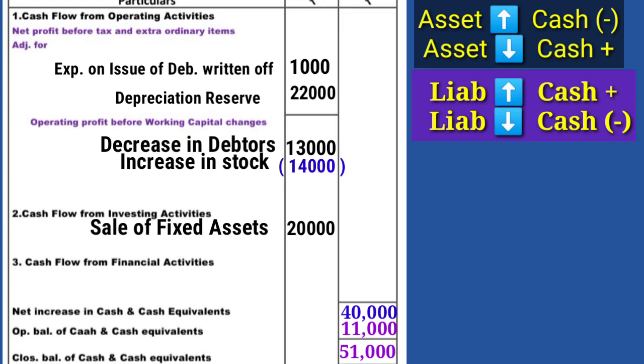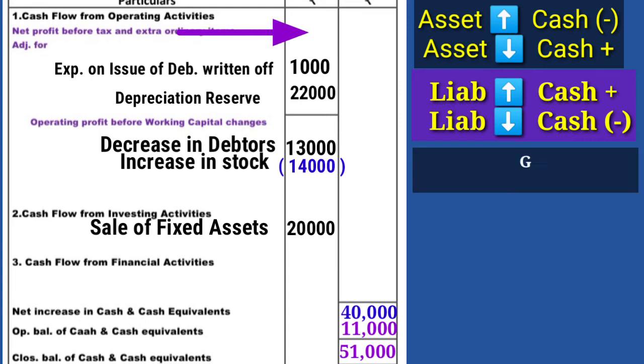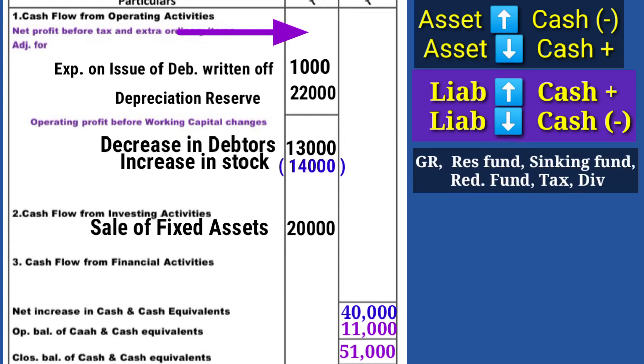Then the next item, profit and loss account. In the last question, I wrote the difference amount directly in the net profit. But if there is any general reserve, reserve fund, sinking fund, debenture redemption fund, tax, or dividend in your question, we will not write the profit directly there. We will write it separately here.